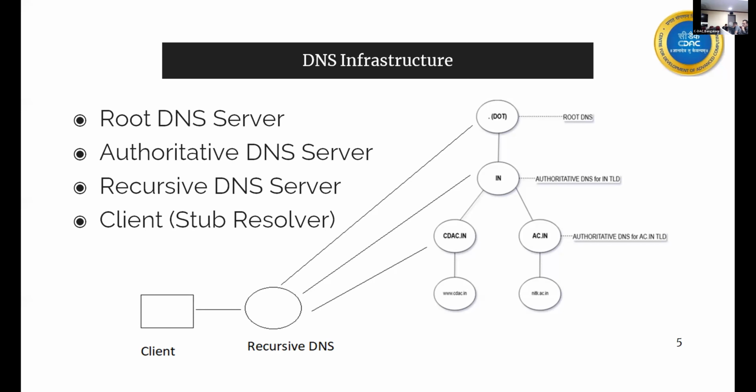On this system, you are typing one domain name, www.cdat.in. Now, what happens? All the systems know the IP address, right? Because they are following TCP/IP, where the network IP address has to be assigned. So for this, we need to know what is the IP address of cdat.in.